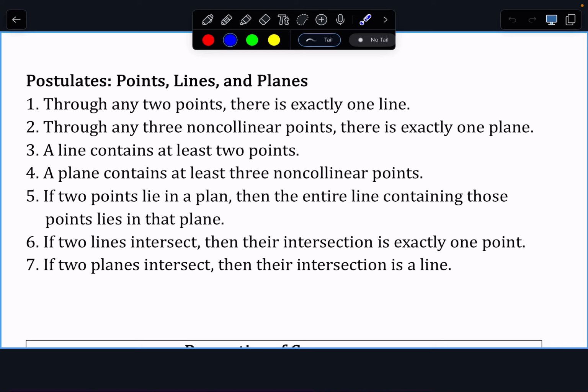Okay. If 2 lines intersect, their intersection is exactly 1 point. If 2 planes intersect, their intersection is a line. Those are things that we talked about in chapter 1. Let's not forget that. Okay? Now, yesterday we talked about properties of equality.